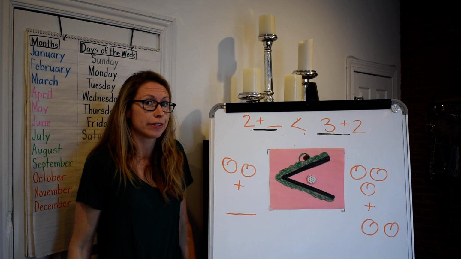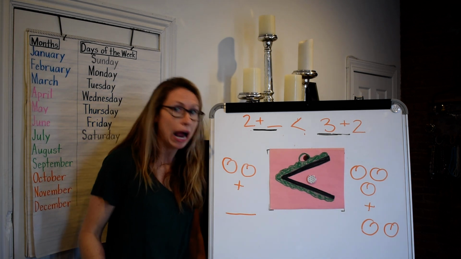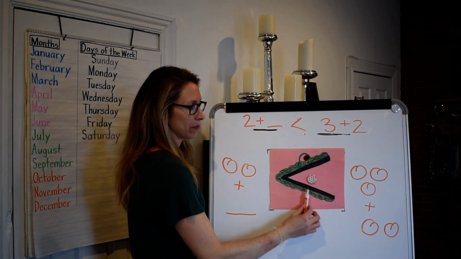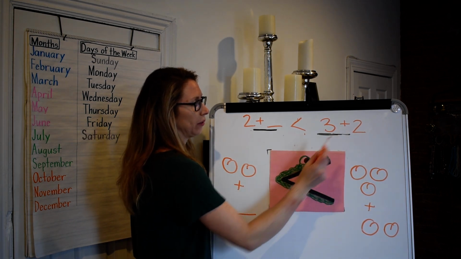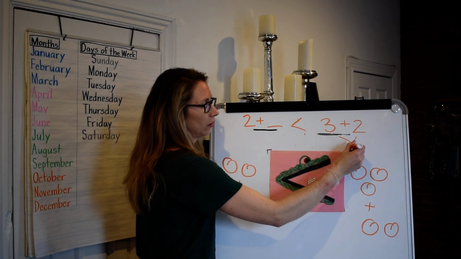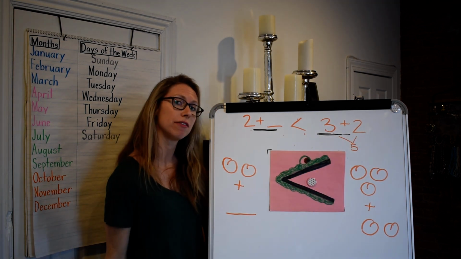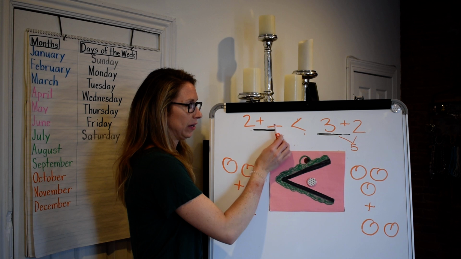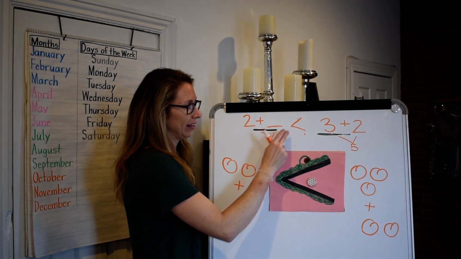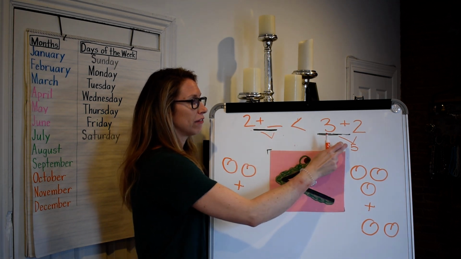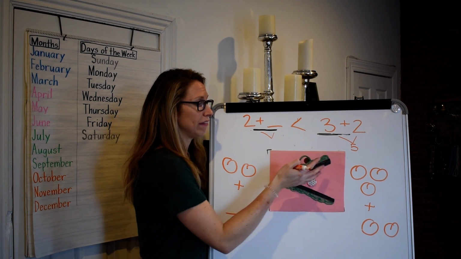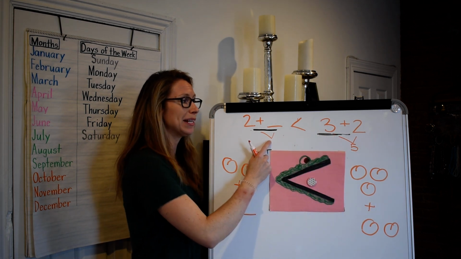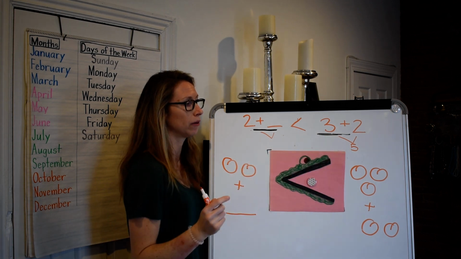That's a lot of numbers and a lot of symbols. How are you going to figure this out? Well, Al always wants to eat what's more. So what does 3 plus 2 equal? It equals 5. So if we know that 2 plus something, this number, is less than 5, because if Al is eating this number, this is bigger than this. This number needs to be smaller than 5.